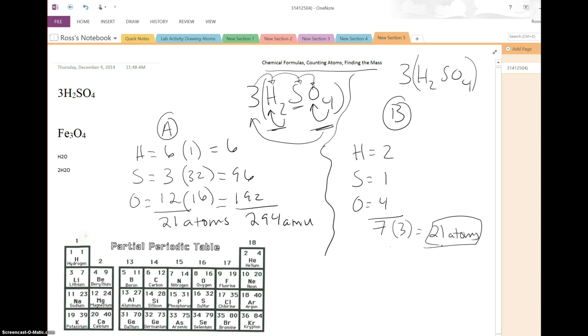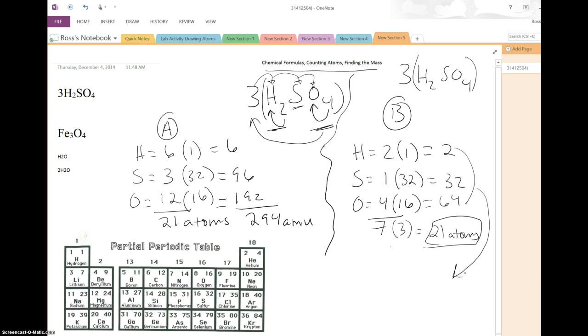We can then say 2 times 1 AMU. Sulfur is 32. This is 16. And we can say, okay, this will be 2. That'll be 32. So 16 times 4, that'll be 64. Now, we add all of these 3 up. I'm going to move that down here.